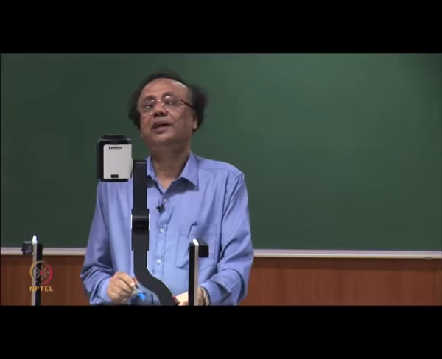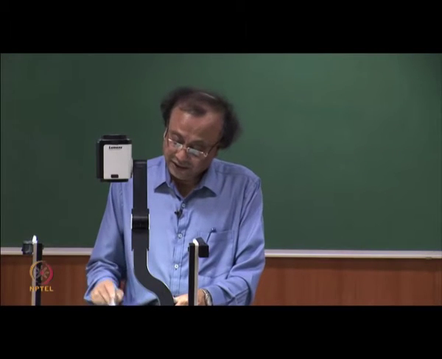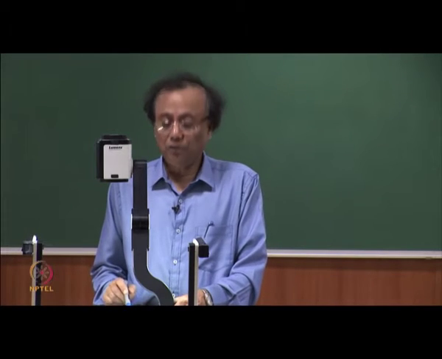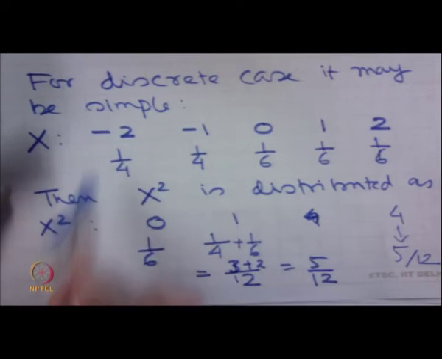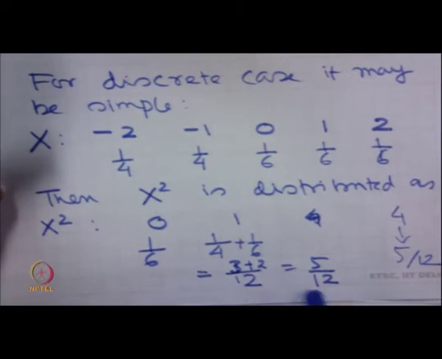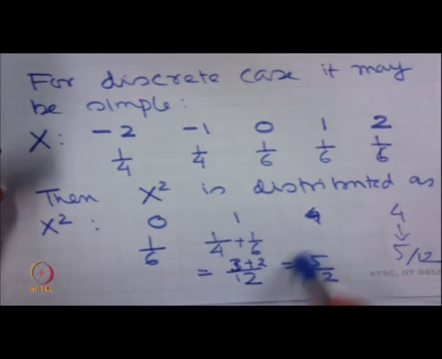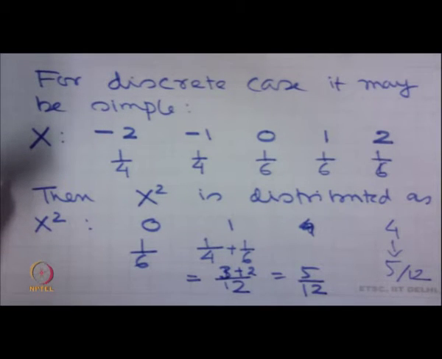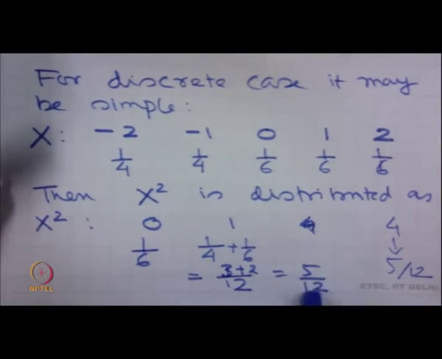But now suppose I ask you, given this distribution of x square, can you find the distribution of x? Then you see that you cannot, because this tells me that probability x is equal to minus 1 plus probability x is equal to plus 1, that sum is 5 by 12.